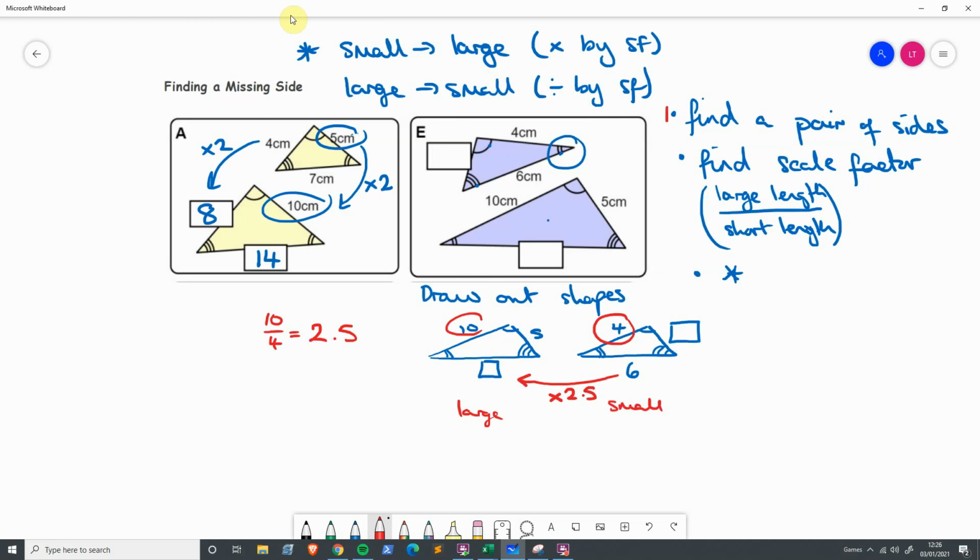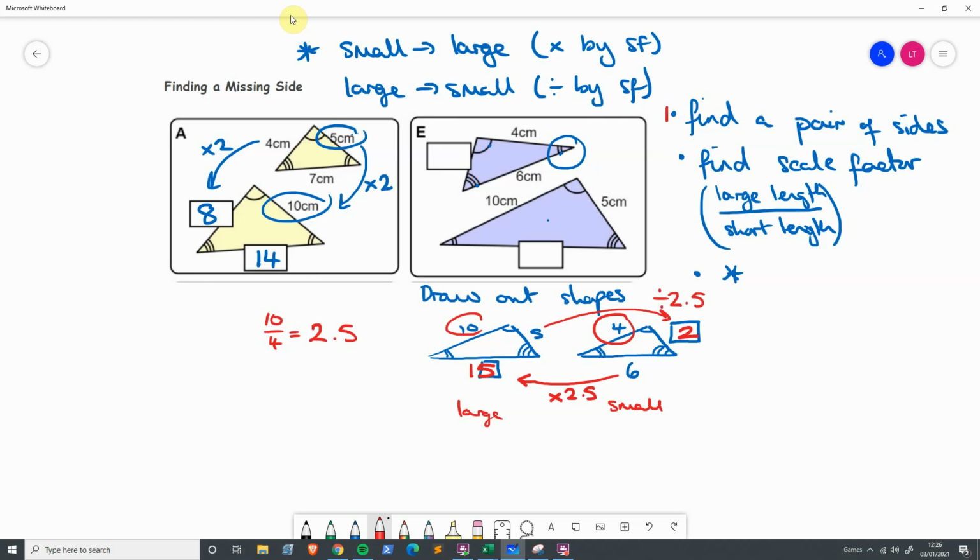So 6 times by 2.5, 6 times by 2 is 12, half of that is 3, so add that on, 15. And then to get from my large shape to my small shape, I need to divide by my scale factor. So 5 divided by 2.5, that is 2.